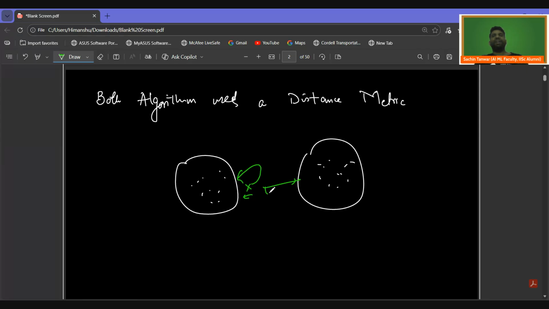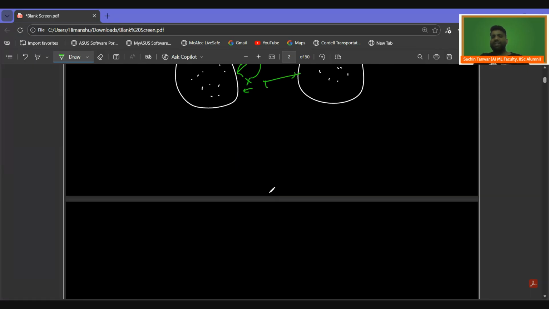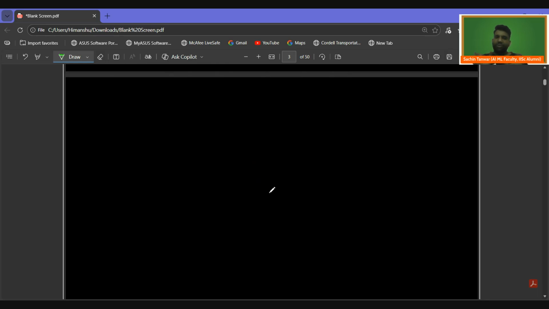If this idea is clear, this makes the foundation for both the algorithms. Similarity is just the opposite of distance. If similarity is high, distance is less. If distance is high, similarity is less. I hope that idea is clear.